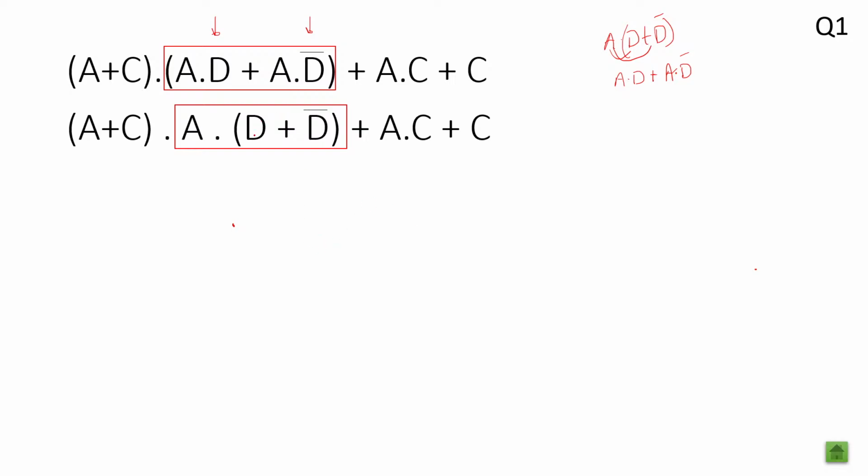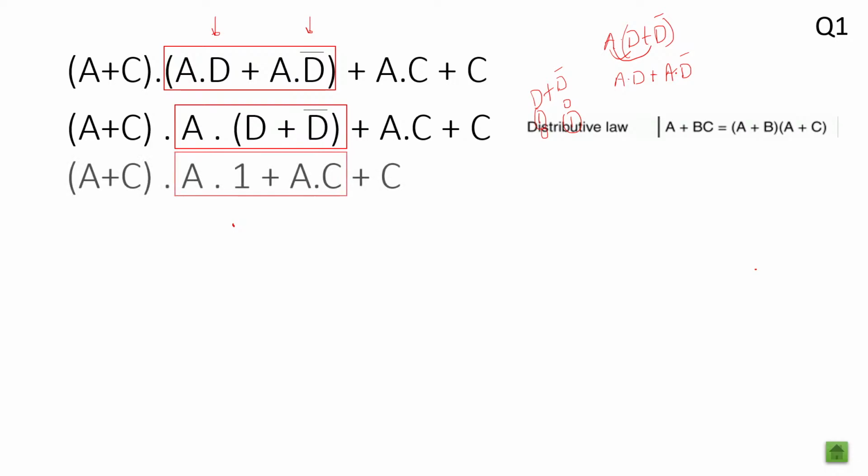At this point now, what is D or not D? Well, D can be 1. So if D is 1, not D is 0, isn't it? If D is 0, what does that make not D? 1. In an OR gate, as long as you've got a 1 on either side, you will always return 1. Always. That's why we get that.